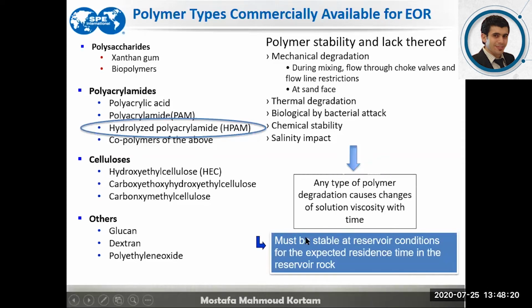So based on the above discussion and explanation, the utilization of the polymer must be considered effectively in reservoir conditions, to mimic the reservoir temperature, the reservoir shear strain and the reservoir salinity as well.